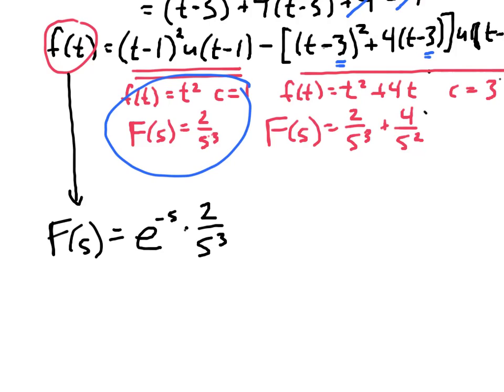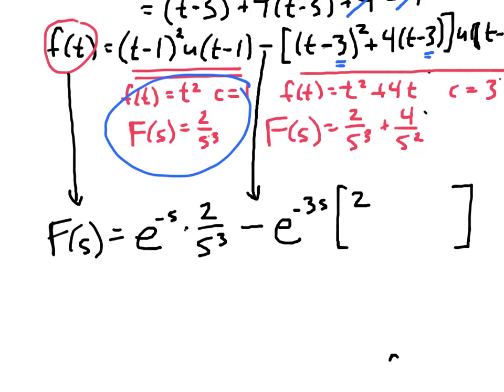And then this minus sign comes down. So we have minus e to the minus 3s times the quantity 2 over s cubed plus 4 over s squared.